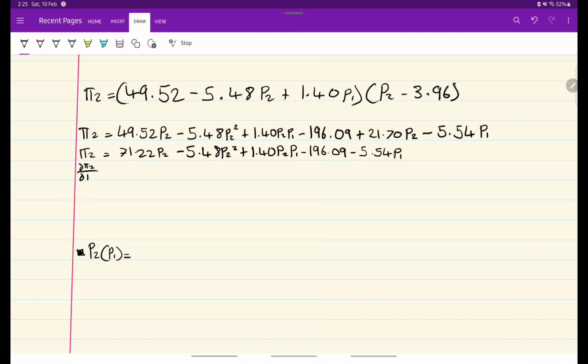Taking the partial derivative with respect to P2. We'll get 71.22 minus 10.96 P2. And the other terms are not there, setting that equal to 0.